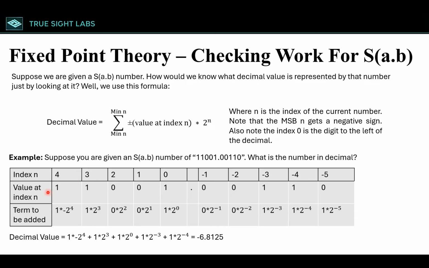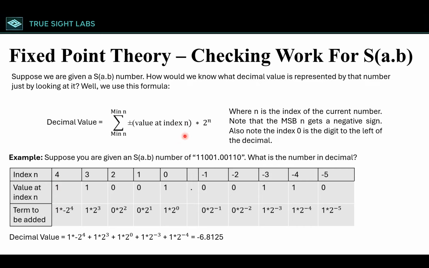let's just write it all down in a table. And so we do that here. And the most significant bit gets a negative sign. So we put a negative when multiplying, because at n equals 4, the most significant bit, the term that's contributed is negative the value at index n, which is 1.